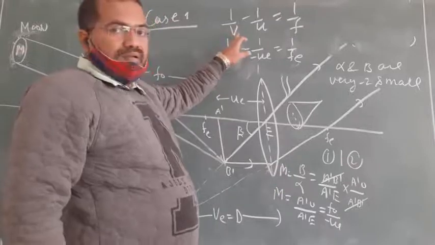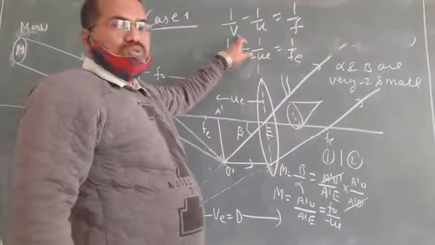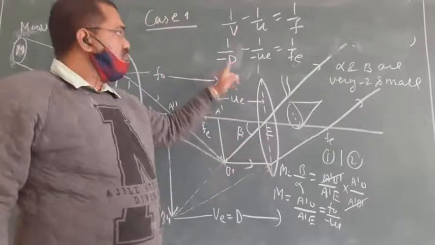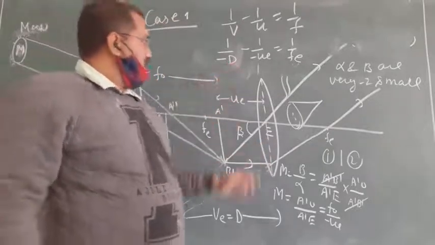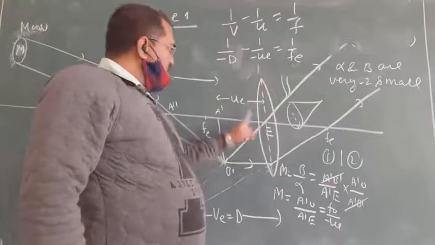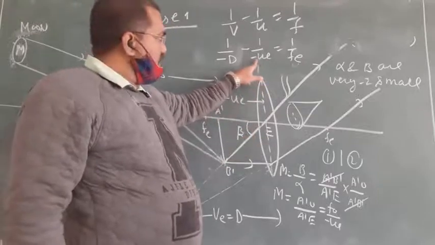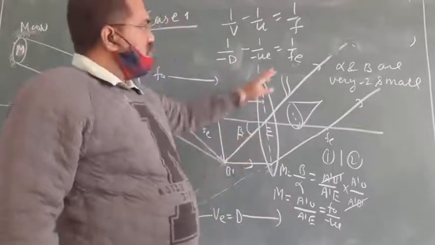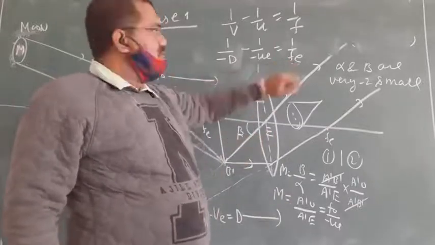Listen. When the final image is formed at the least distance of distinct vision, that is D, and D is on the left side of the eyepiece, so it is taken as negative. And UE is also on the left side of the eyepiece, so it is also taken as minus UE. And the focal length of a convex lens is positive.